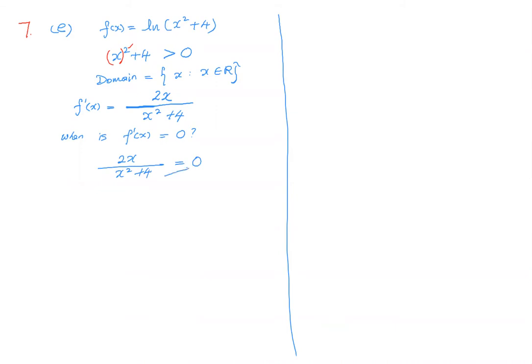Cross multiply: anything times 0 gives 0. So 2x equals 0, so x equals 0. Then I draw the sign diagram for f prime x. I put 0 here. You can use your GC to help you; still remember I said how to use your GC to determine the sign.